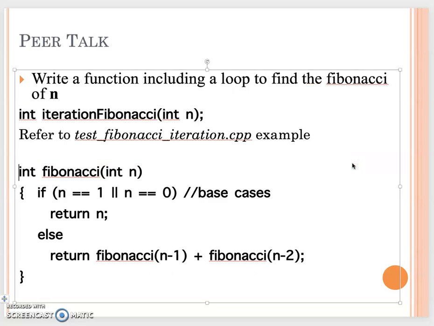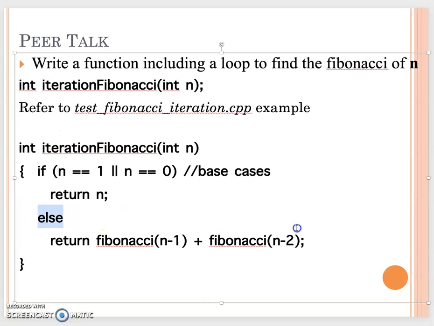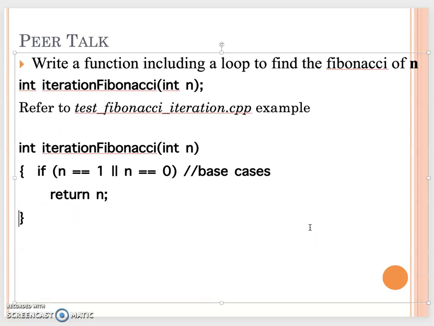So let me just remove this one. The function is called iter. We need to write a for loop for that. How should we write a for loop to find the Fibonacci number?